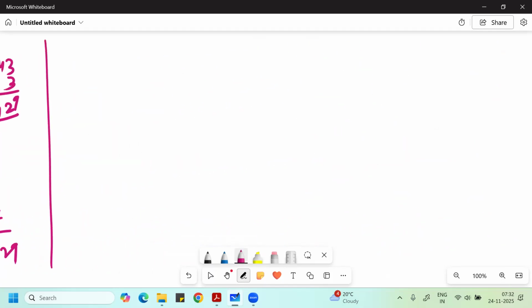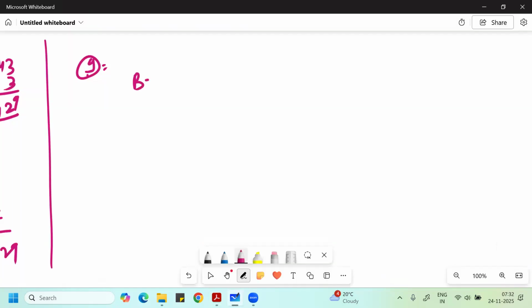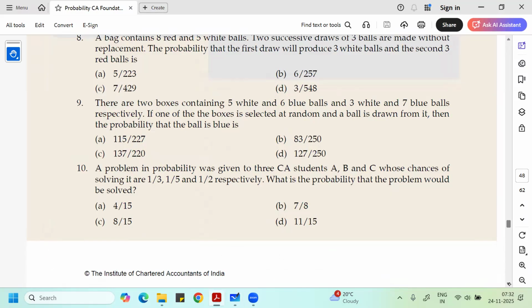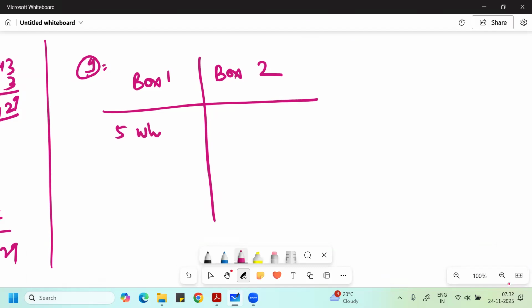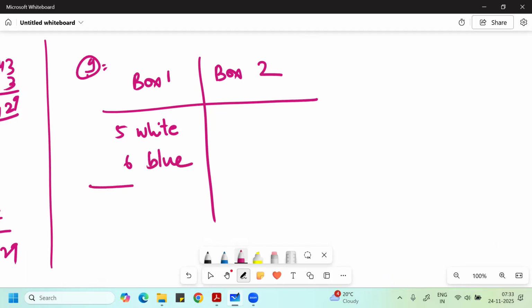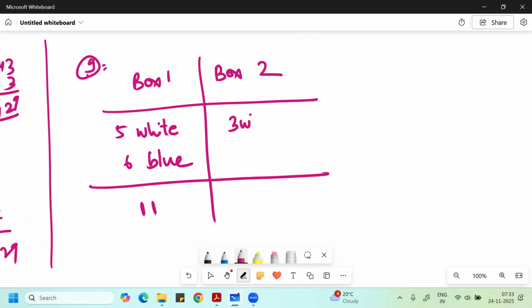Question number 8 done. Now see question number 9. There are two boxes. Box 1 has 5 white and 7 blue balls. Box 2 has 5 white and 6 blue balls. Box 3 has 3 white and 7 blue balls.